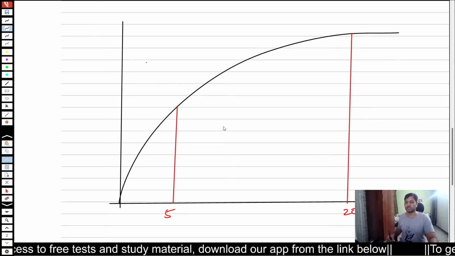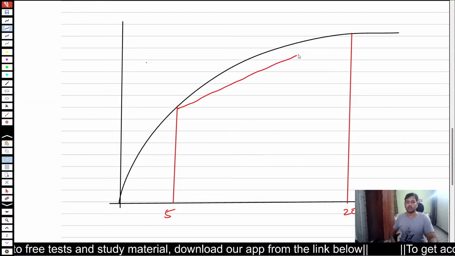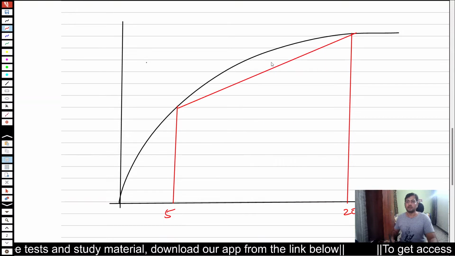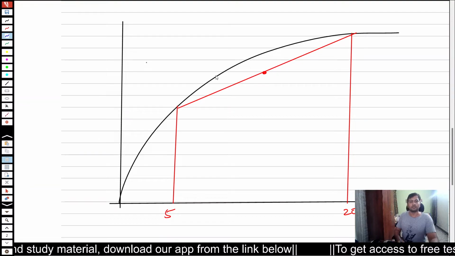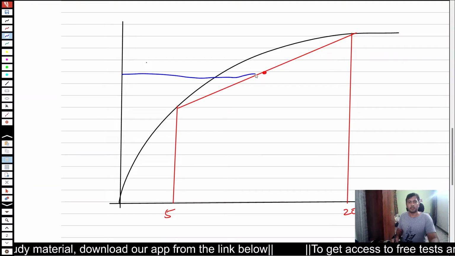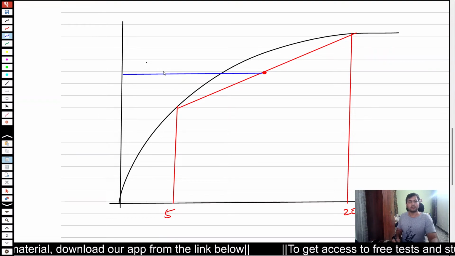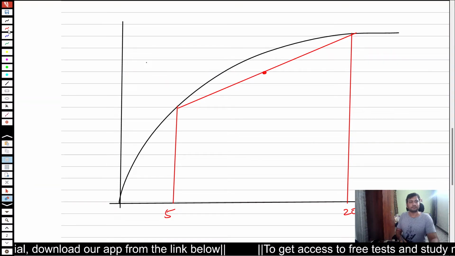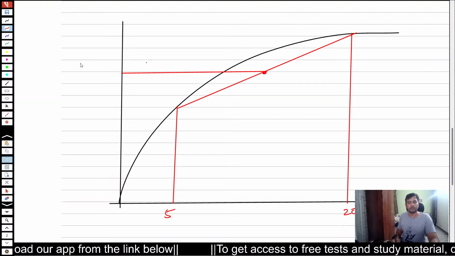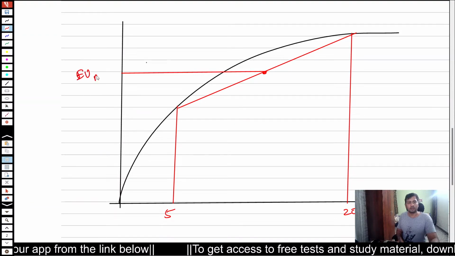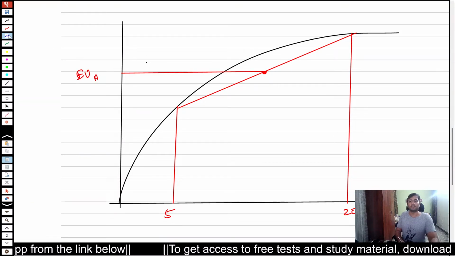This is 20 units of wealth. So when I connect them both, I reach this as the expected utility. So this is the expected utility in case of B. Now let's talk about A.